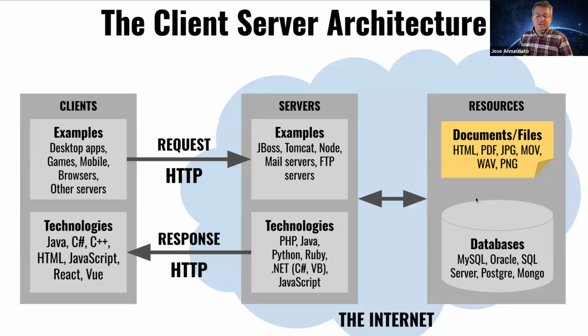Now the database could be anywhere on the network. It could be running locally on localhost, but it could also be halfway across the world. As long as you know the IP address and the port number of where your database server is running, you can connect to it and start interacting with it.